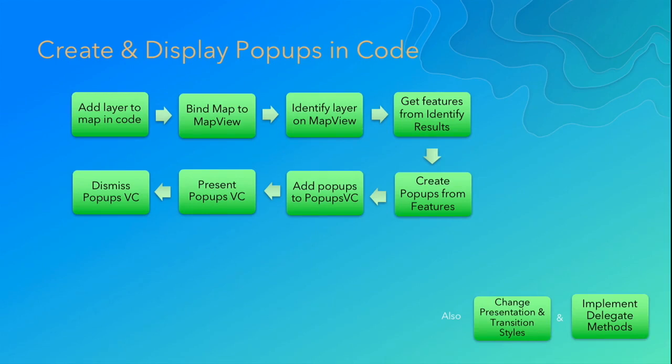This workflow is quite similar to the workflow that I talked about earlier, except in a couple of places. First, you don't get pop-ups directly from your identify operation. Instead, you just get the features. And the next one is you create pop-ups in code for these features.